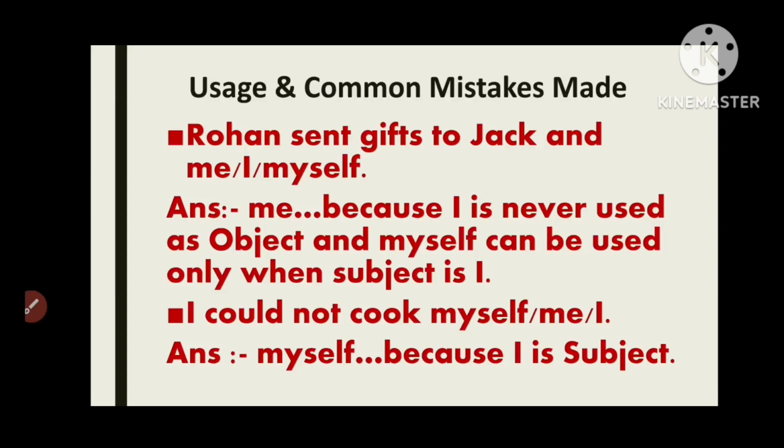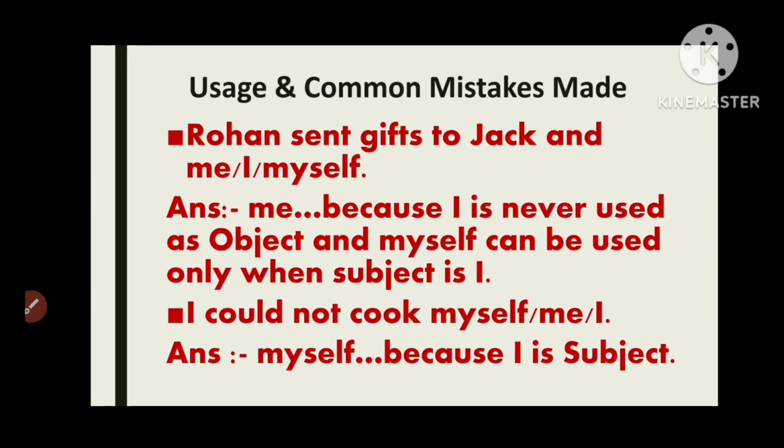So I is always used as subject, never as an object. If I say give me a pen, here give is the verb, and the action is being done on me, so I am the object. So me functions as object, and myself is used only when the subject is I.